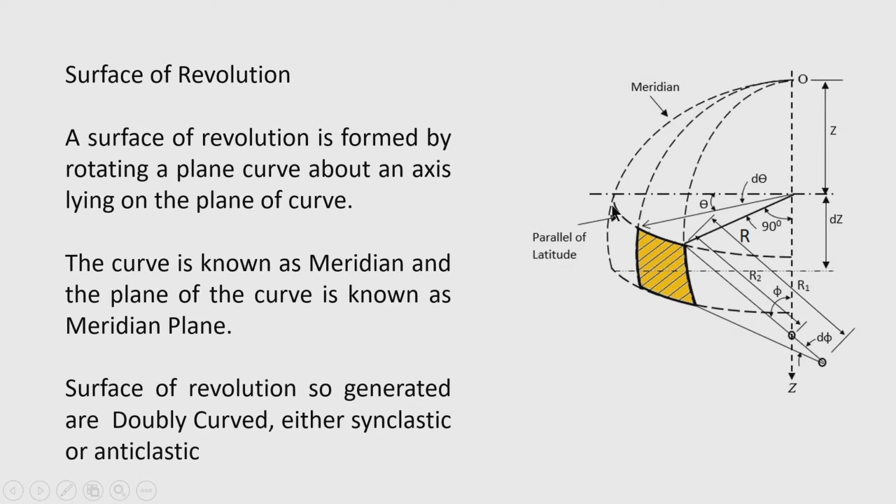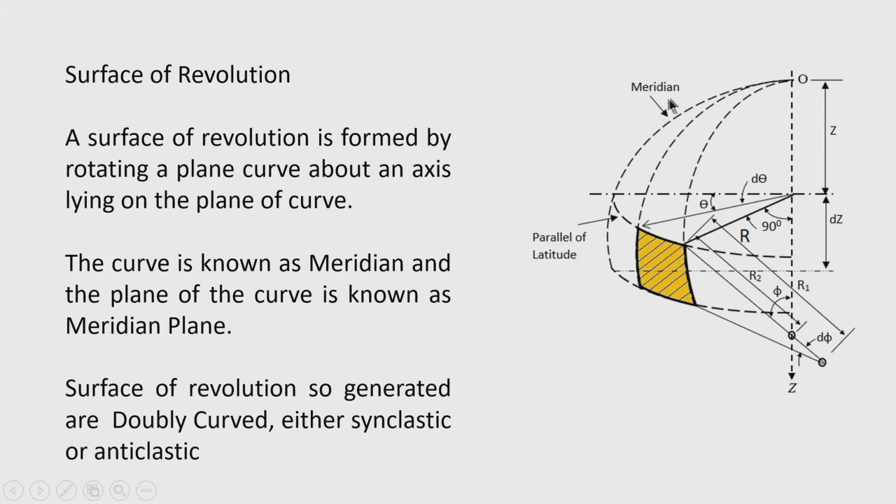Depending on the nature of the curve, the name of the surface of revolution is also given. For example, if a part of a circle or a circular arc, which in this case is a meridian, is rotated around the vertical axis of revolution, then a spherical dome is formed, that is a spherical surface of revolution.